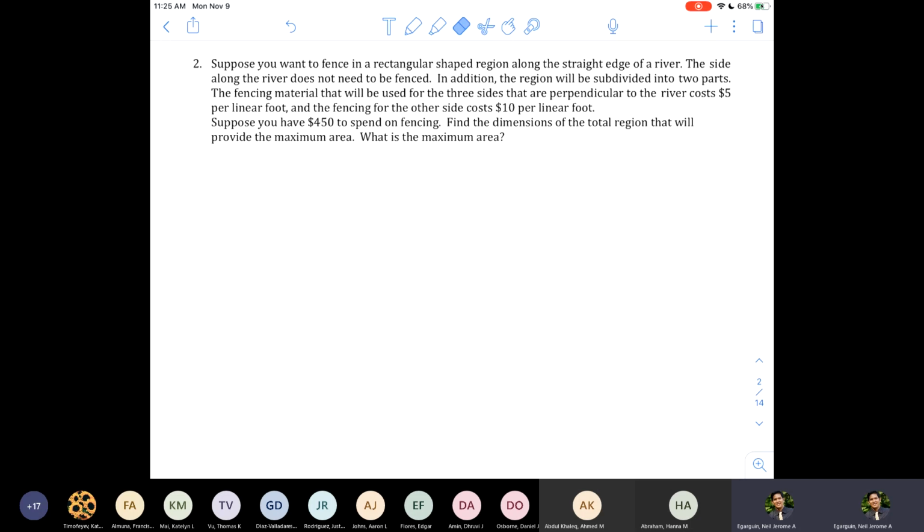Okay, so I guess here we need to have a rough sketch of the situation just to make the modeling easier. So we have a rectangularly shaped region along the straight edge of a river. So say the river is here. Okay, so you have a river here, and then you have a rectangular shaped region over here. Assume that's a perfect rectangle. And then the side along the river does not need to be fenced, so no fencing is required along the river. And in addition, the region will be subdivided into two parts.